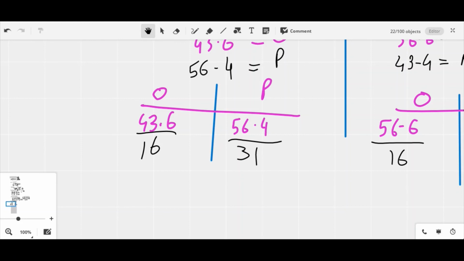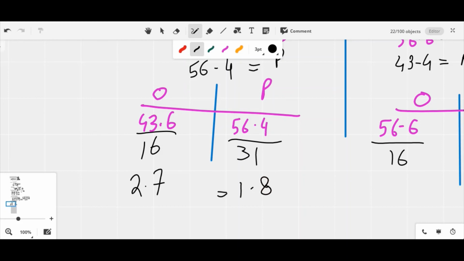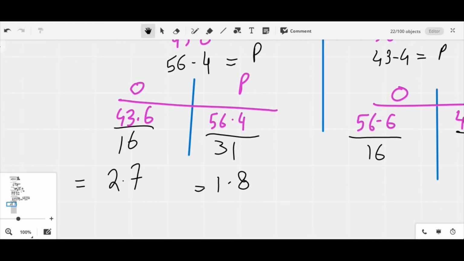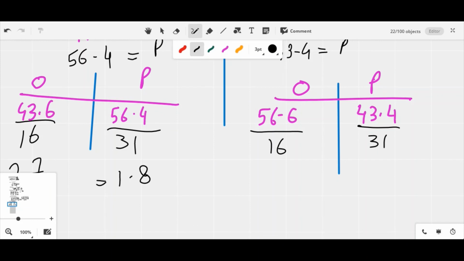First of all, 43.6 divided by 16, we got 2.7, and in the next case 56.4 divided by 31, we got 1.8, while here the oxygen 56.6 divided by 16, we got 3.5, and for phosphorus, 43.4 divided by 31, we got 1.4.